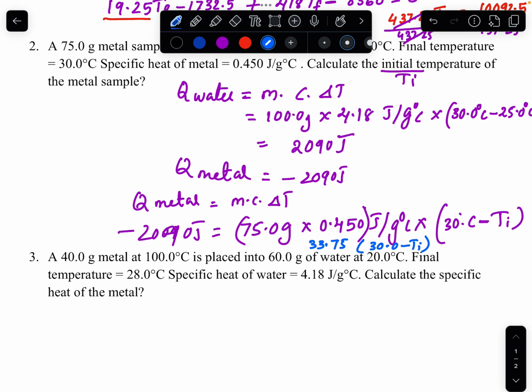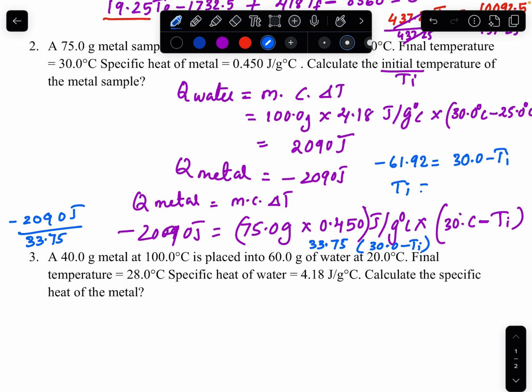So I'm going to divide negative 2090 joules by 33.75. So I will get minus 61.92, which is equal to 30.0 minus Ti.